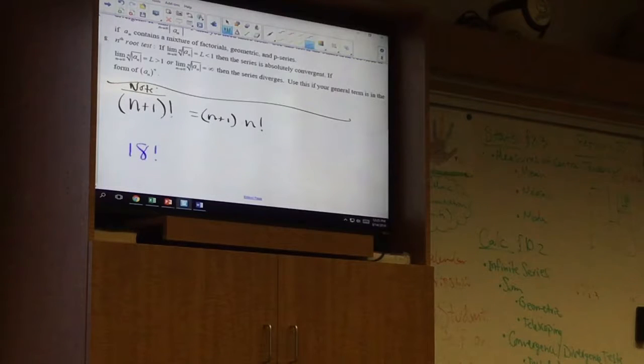Let's talk about what factorial means really quick. What does 18 factorial mean? 18 times 17 times 16 times 15 times 14 times 13 times 12 times 11 times 10 times 9 times 8 times 7 times 6 times 5 times 4 times 3 times 2, times 1, okay, fine. You don't need that, obviously. So 18 factorial is just that.